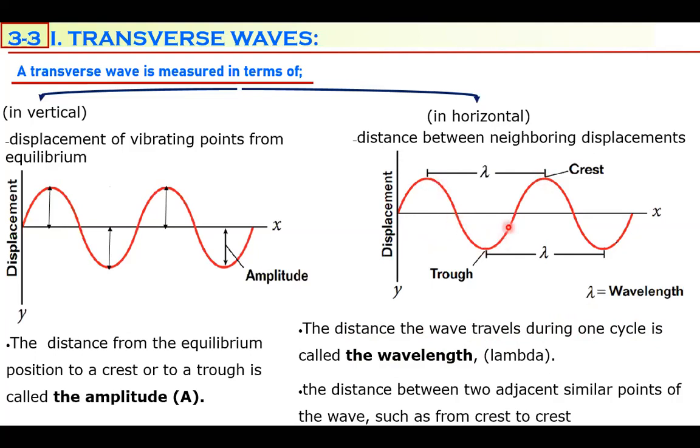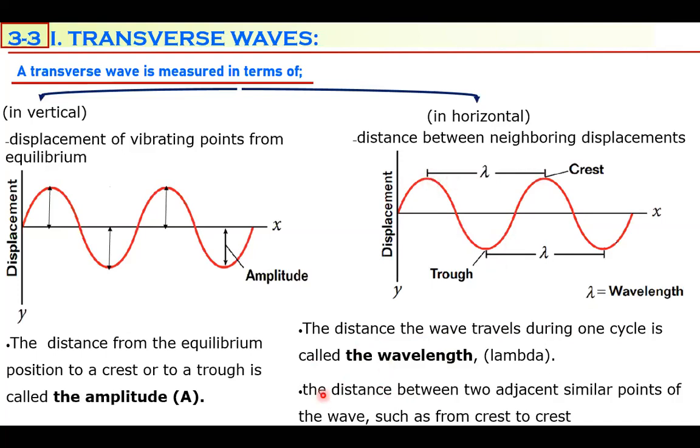Half cycle, quarter cycle, one more quarter cycle, two quarters make a half, half plus half is one cycle. That's why the distance the wave travels during one cycle is called wavelength. This wave travels one wavelength in one cycle.